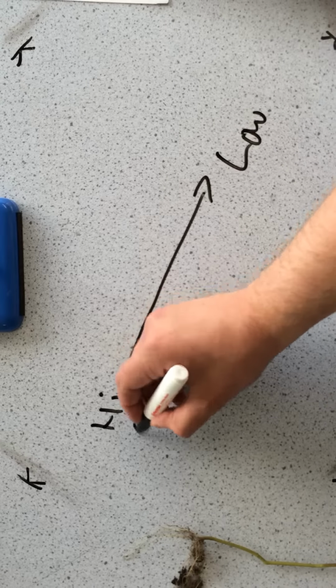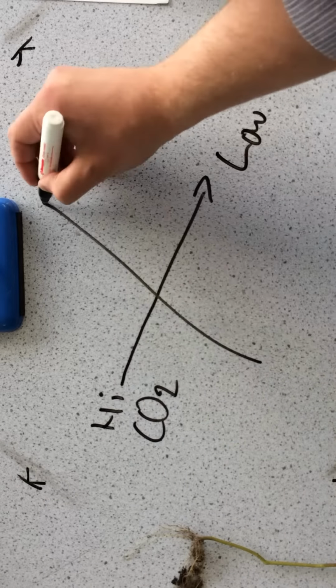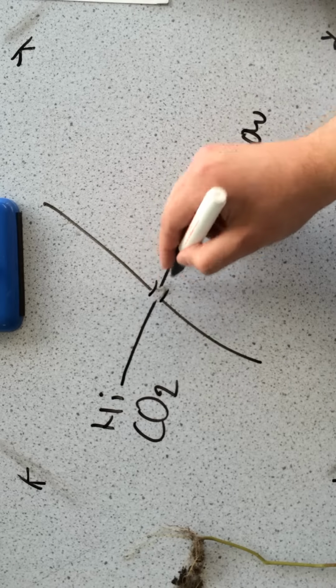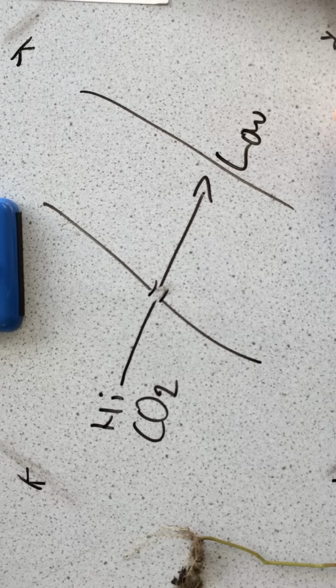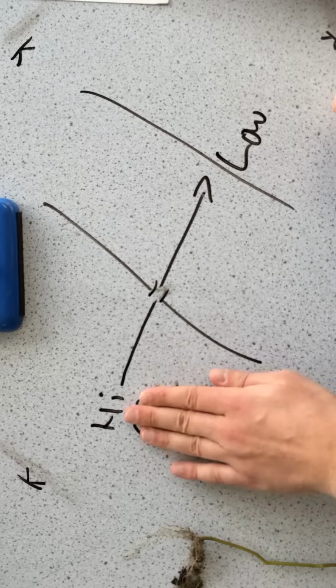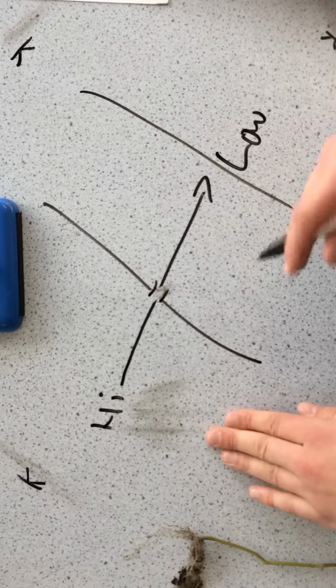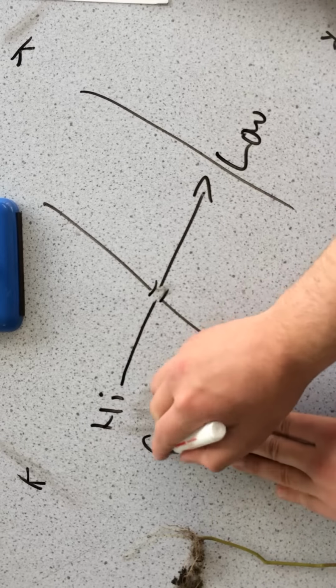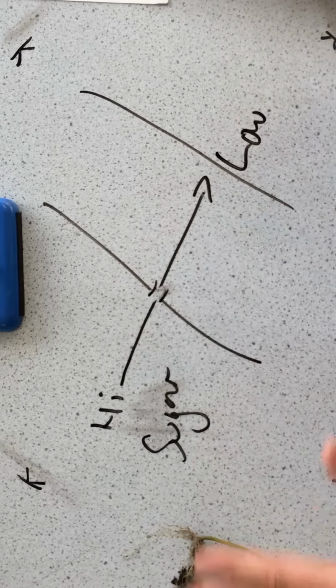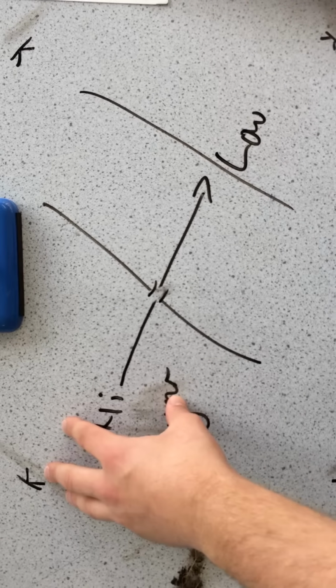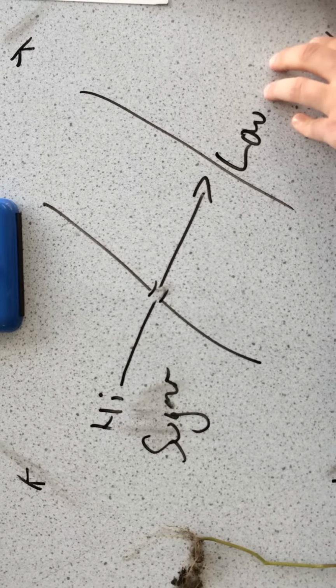Now, this could be carbon dioxide going from the air through the stomata of a leaf, or it could be sugar in the digestive system going into the bloodstream.